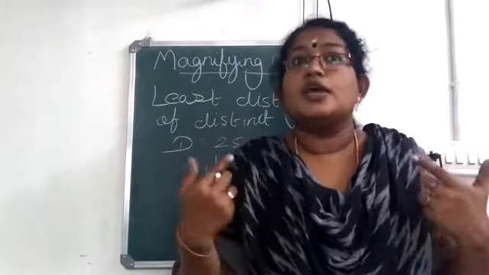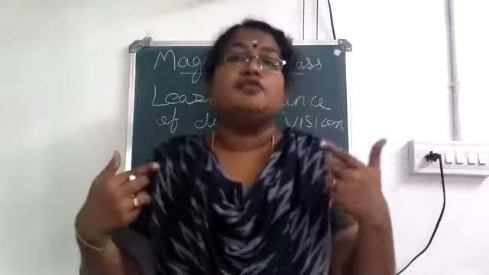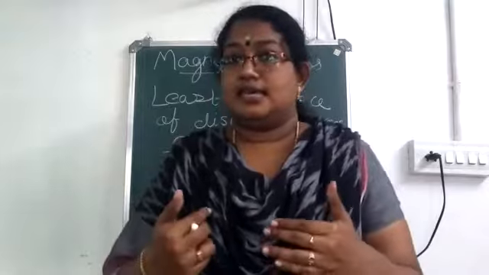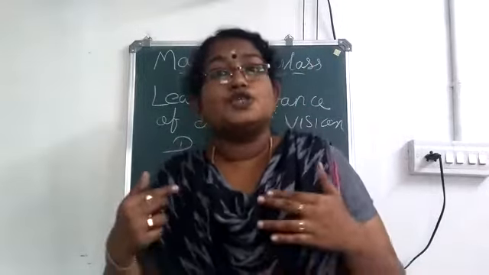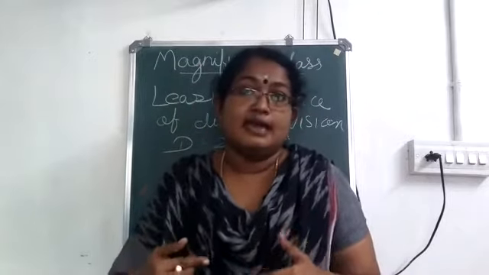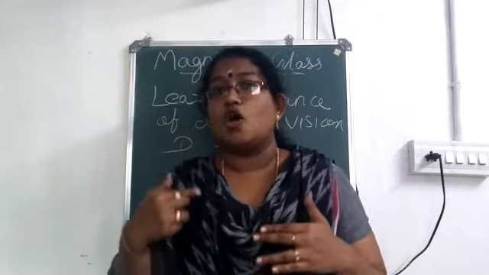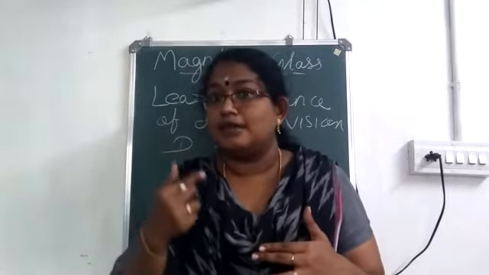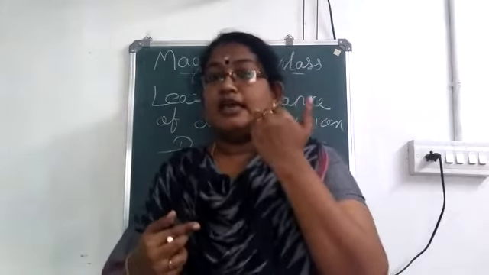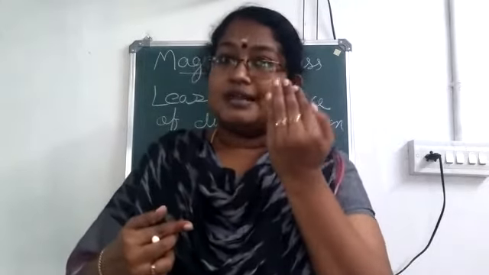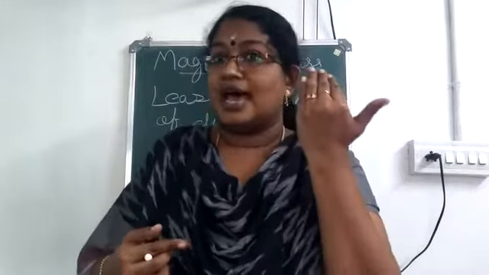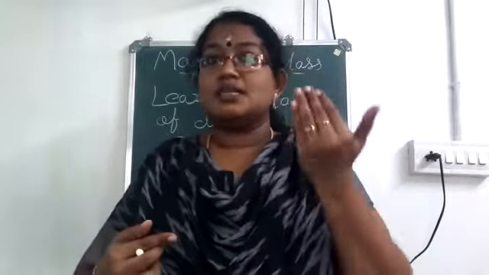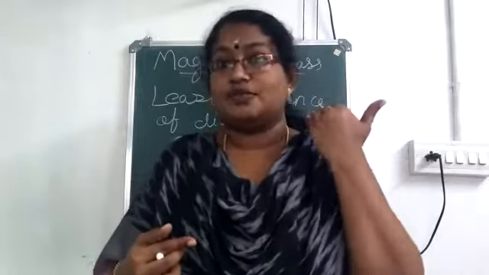Okay. So, in order to see that, what can we do? In this case, we'll be using a convex lens of short focal length. A convex lens of short focal length can be used. Keep this convex lens in front of our eye such that the object comes within the focal length of the lens.